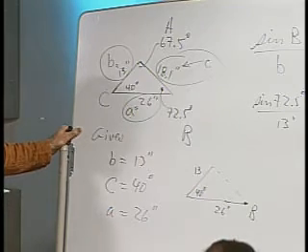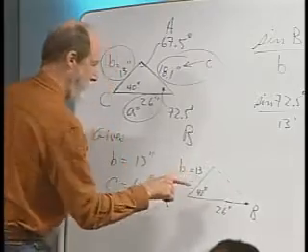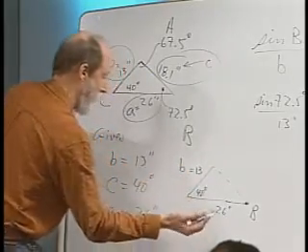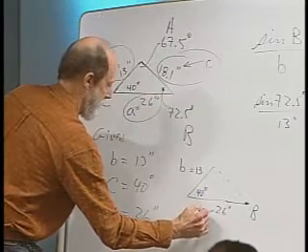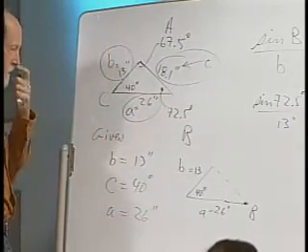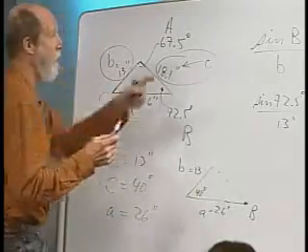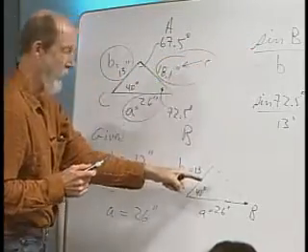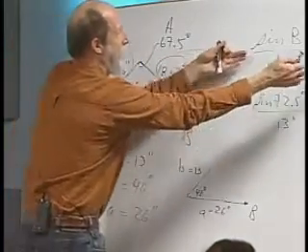Can we go straight to angle B? Can we go straight after angle B using our laws or not? You can't use law of sines right away. Here's why. Look at the law of sines.